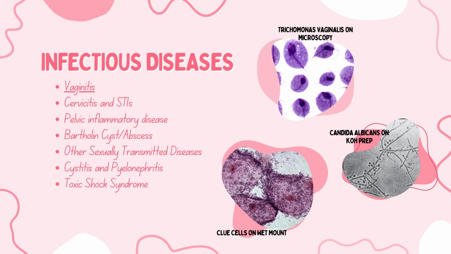Normal discharge. So in the mid-cycle with the estrogen surge, the discharge is clear, elastic, and mucoid. But in the luteal phase or during pregnancy, it's a little bit thicker, it's white, and it might adhere to the vaginal wall. So those are what the normal discharge would look like. And that's what you can compare discharge to.